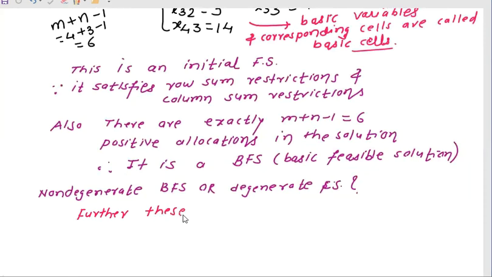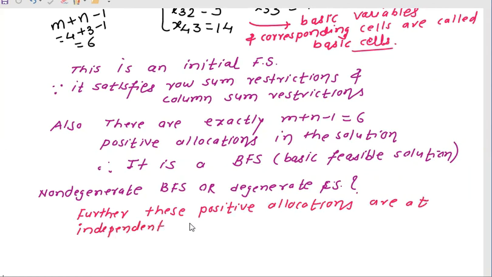These positive allocations are at independent positions. That is, by joining these 6 positive allocations using horizontal and vertical lines, a circuit or loop does not form.